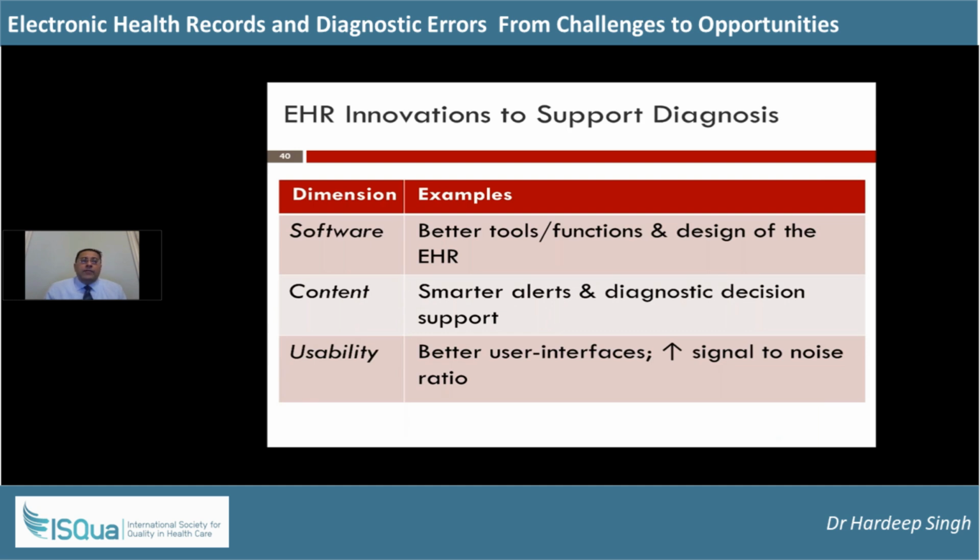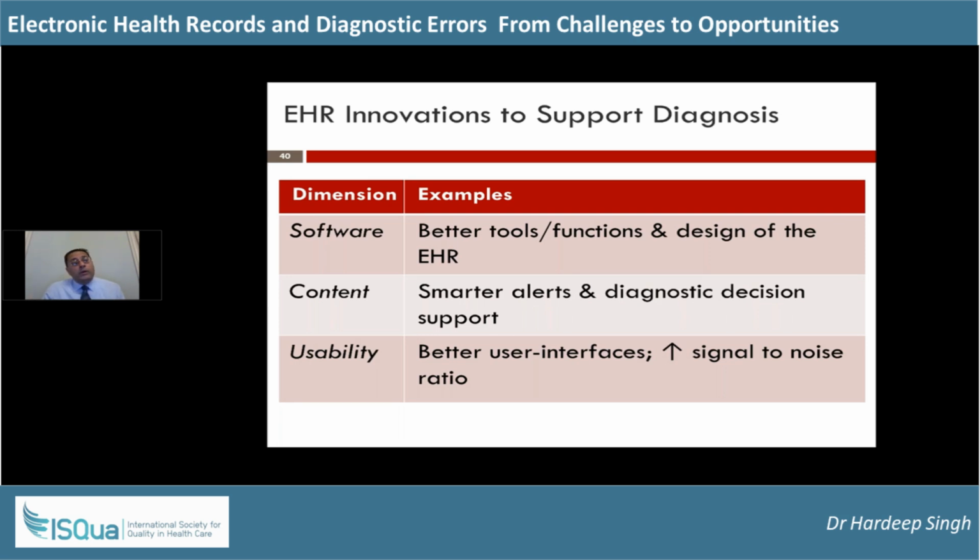So you could have great innovations in the electronic health records, but what would they look like? They shouldn't only be technical if you want to support diagnosis. A software dimension, for instance, should have better tools and functions and design of the electronic health records. So we talked about this. Everybody wants to have more tools that are provider-friendly and give cognitive support to the provider to help them improve their thinking, improve their efficiency, improve safety.